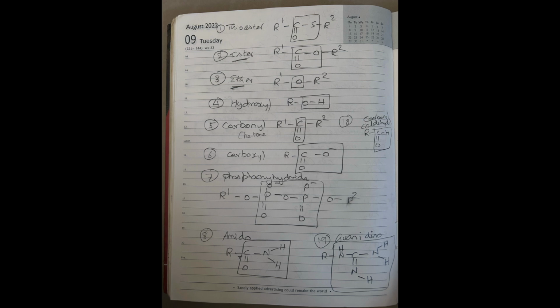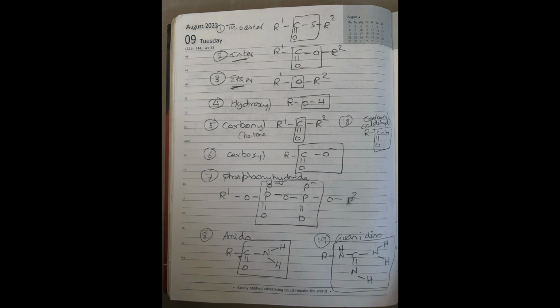Amido group means C double bond O NH2, and guanidino group means R NH C double bond NH and then NH2. So there are three nitrogen groups, with the carbon in the middle and three surrounding nitrogen atoms.